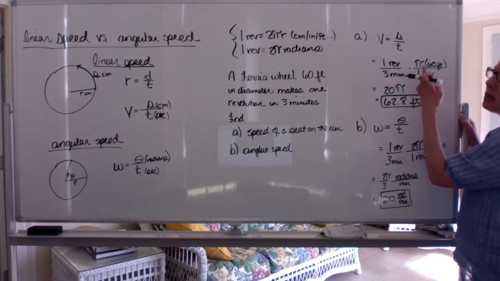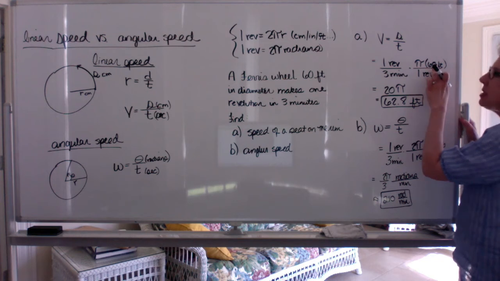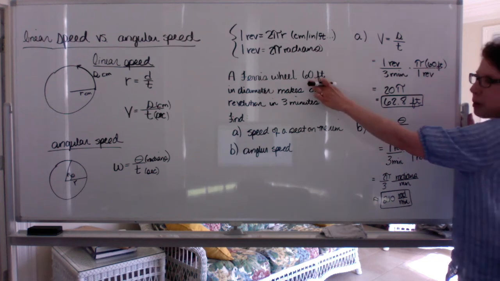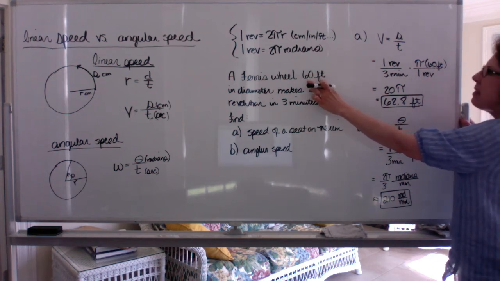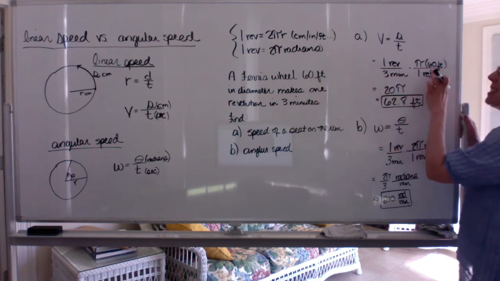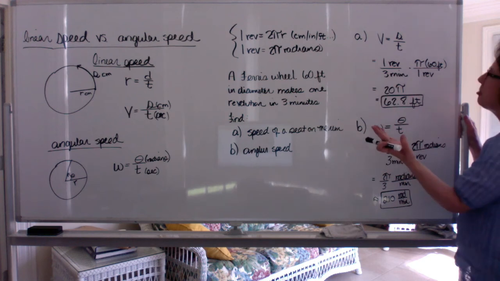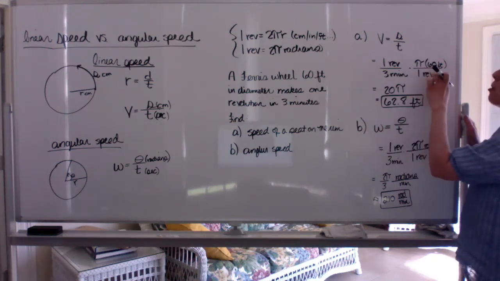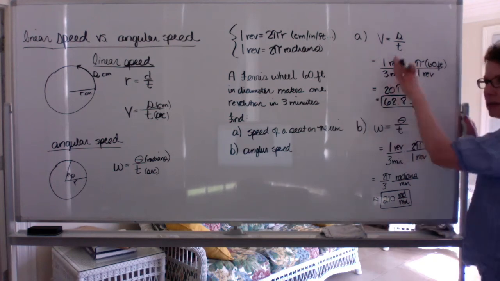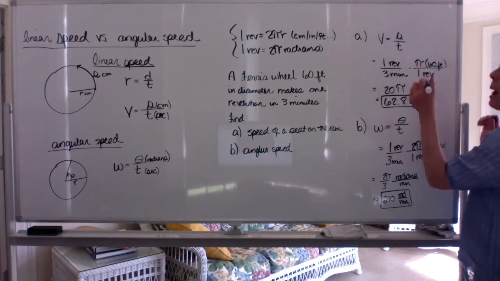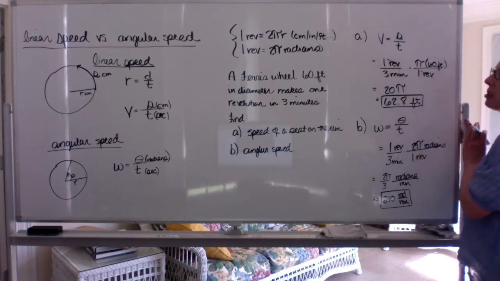Instead of 2 pi r, this is really pi times the diameter. Pi d and 2 pi r are the same thing. So 1 revolution is a distance of pi times 60, or 60 pi. So this is the length around the circumference, and my revolutions are going to cancel out.